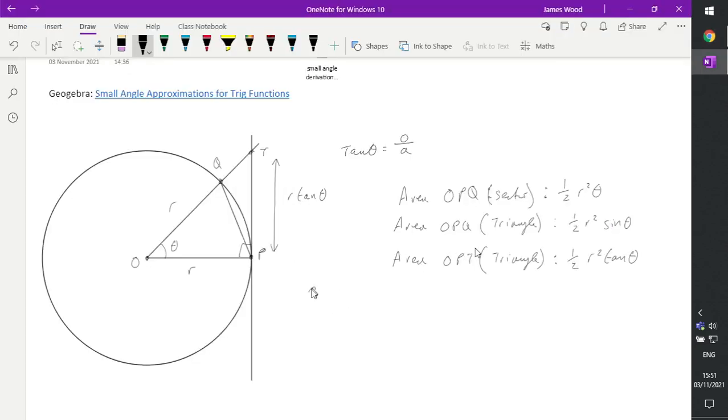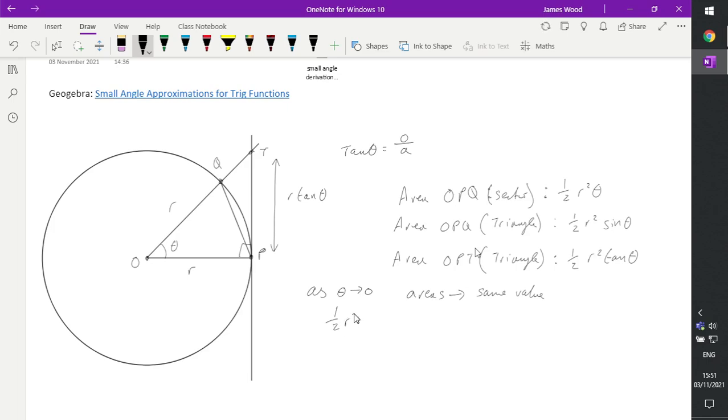So we can say that as theta tends to 0, the areas tend to be the same. Okay, so as theta tends to 0, the areas of these 3 shapes tend towards the same value.